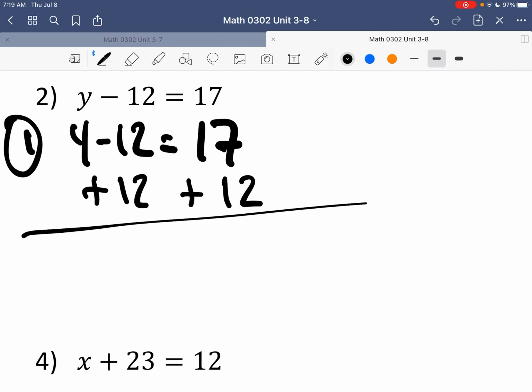Negative 12 plus the positive 12, those numbers cancel out, additive identity. And so on the left-hand side, we'll just be left with the variable y. And then on the right-hand side, 17 plus 12. The 1 plus the 1 here, that's going to be a 2. 7 plus the 2, that's going to be a 9.